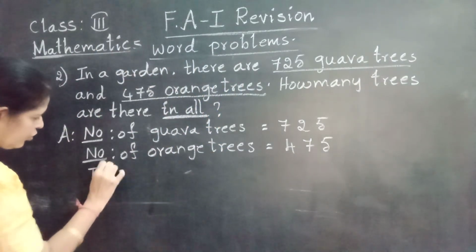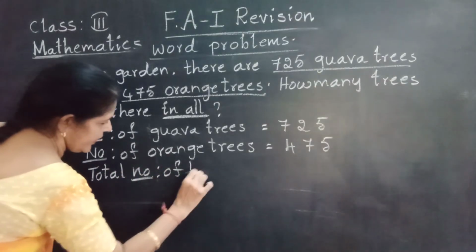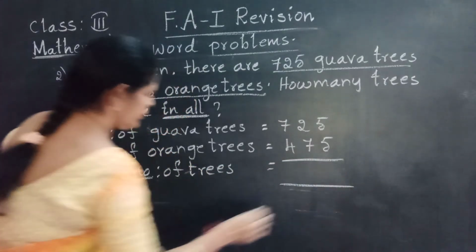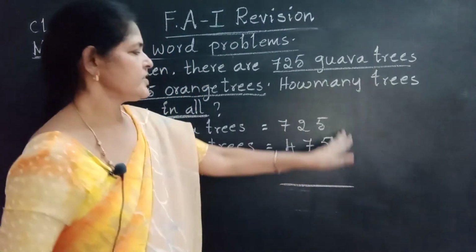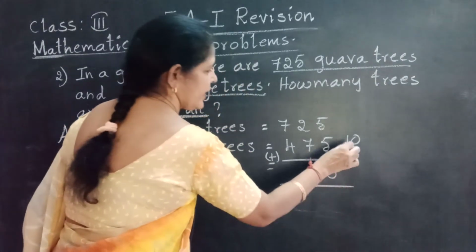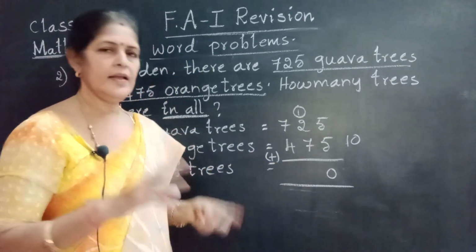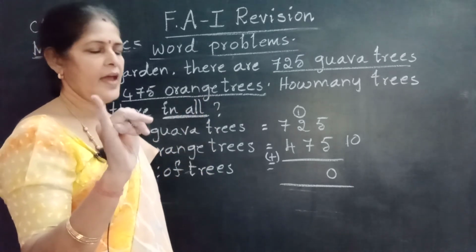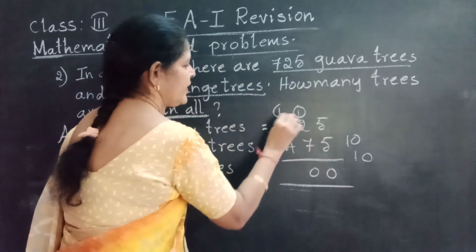In all, total number of trees in the garden. Put the symbol plus. Start addition from ones. 5 plus 5, 10. Regrouping, carry forward 1. 1 plus 2, 3. 3 in the mind. Take 7 fingers. 3 after 4, 5, 6, 7, 8, 9, 10. Again regrouping. 0 right here, 1 carry forward.